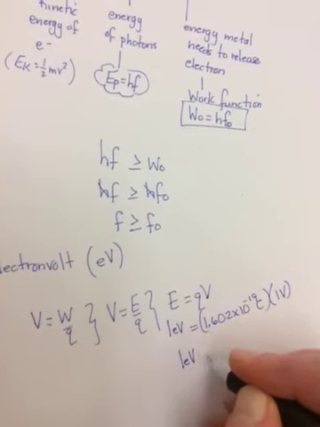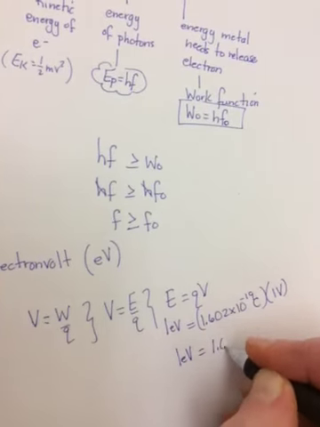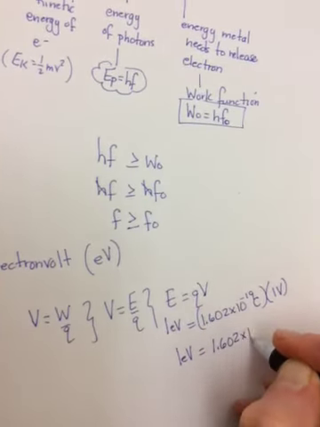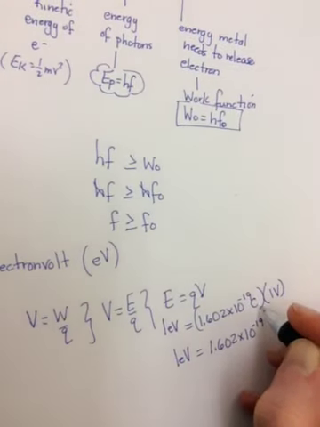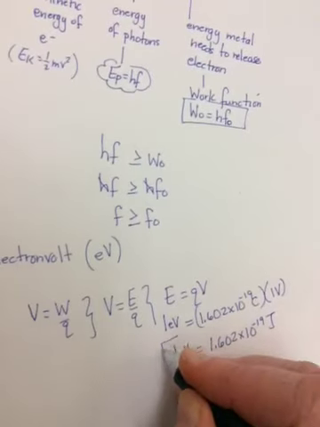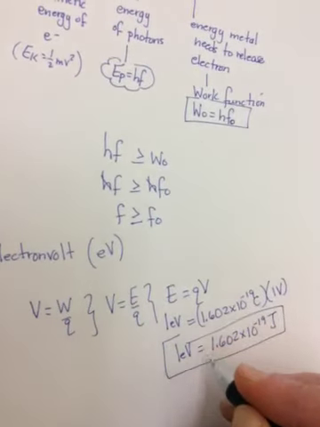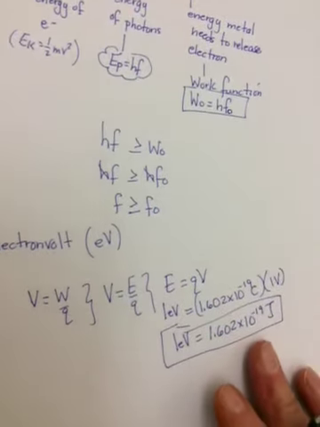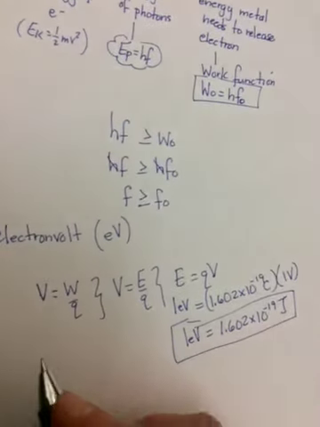So 1 electron volt is equal to 1.602 times 10 to the negative 19, and a coulomb times a volt is a joule. So 1 electron volt is equal to 1.602 times 10 to the negative 19 joules.